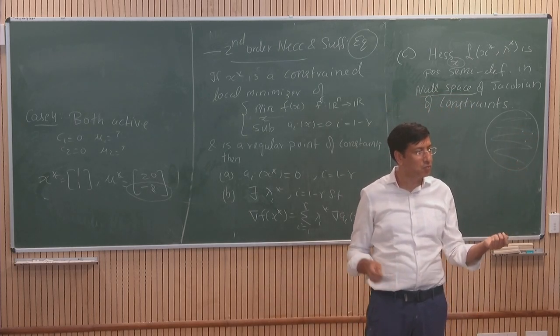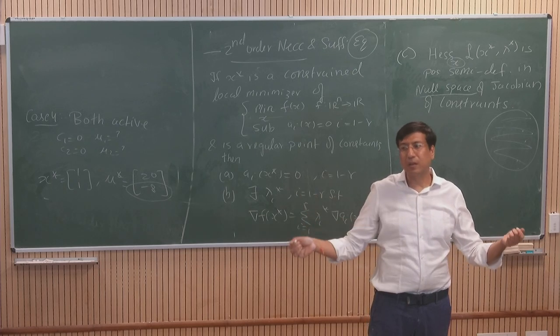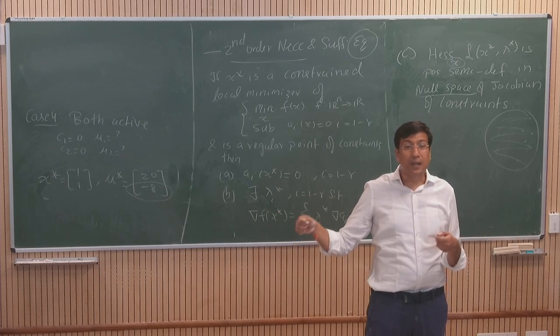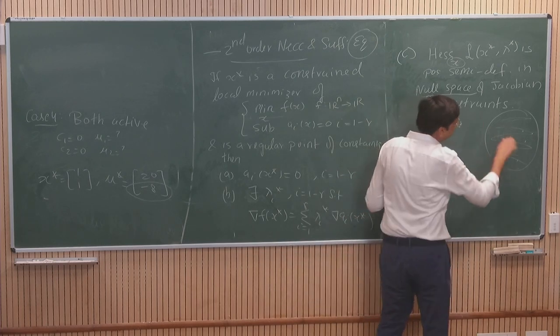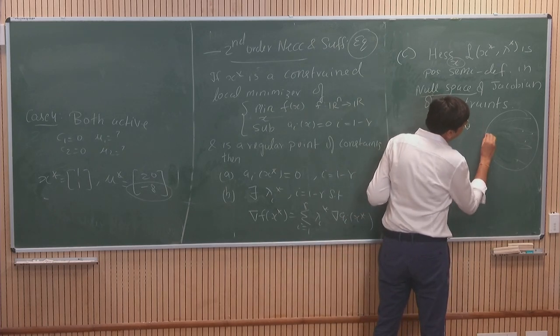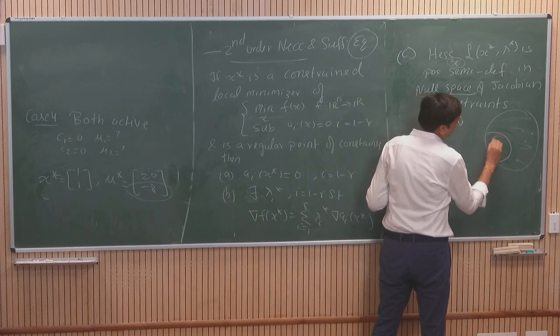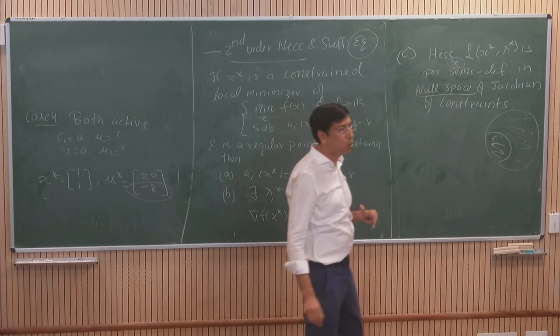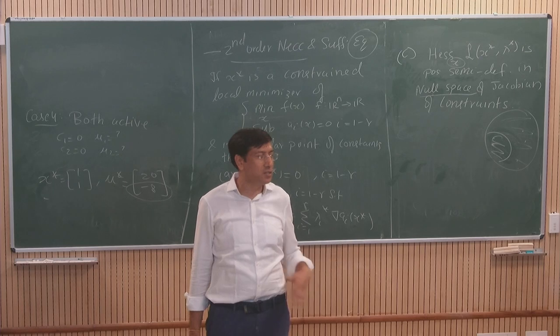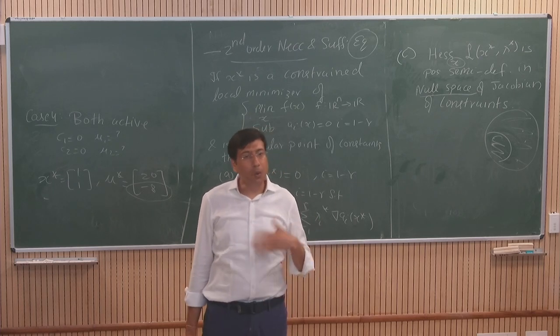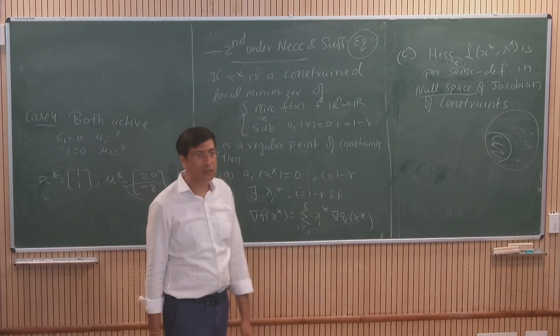You multiply with x transpose on the left and x on the right, and say this is greater than or equal to 0. So rather than checking all of the space, I will only check vectors inside a smaller space, defined by the null space of the Jacobian of the constraints. And I am not even going to worry about the Hessian of the Lagrangian with respect to lambda, only with respect to x.